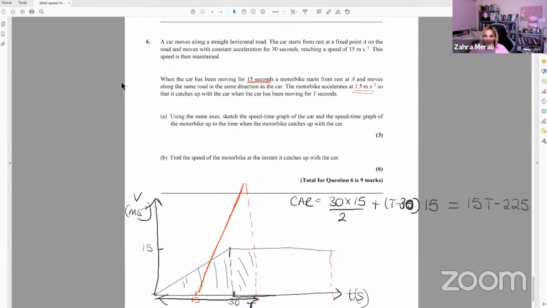Yes, okay. Now for the motorbike, this is where it's a little bit trickier because I don't know what this height is. I do, however, know that this is 1.5, and I know that this distance here is t minus 15.